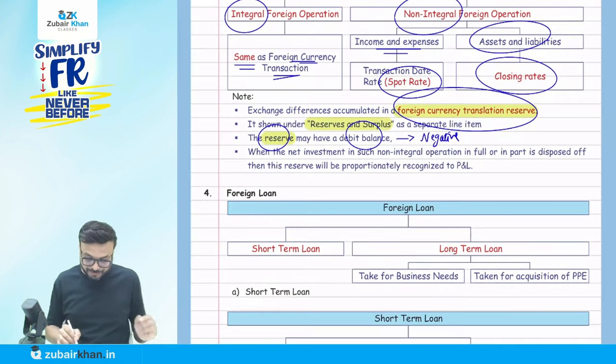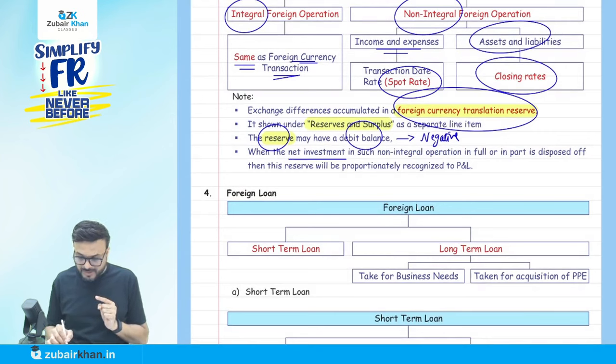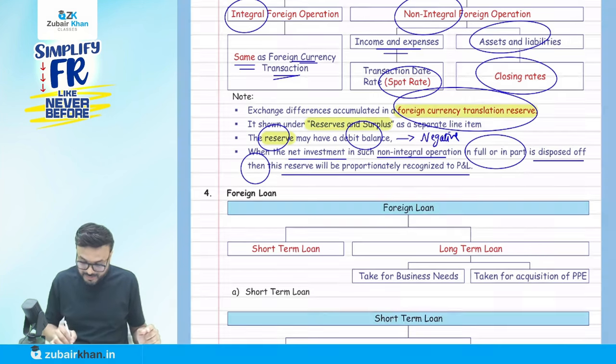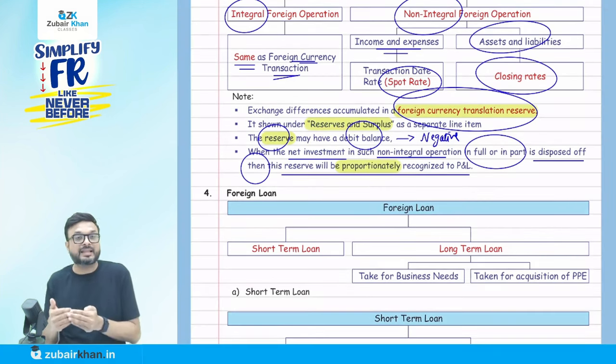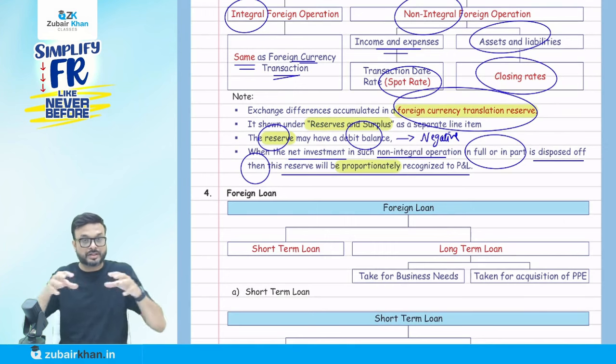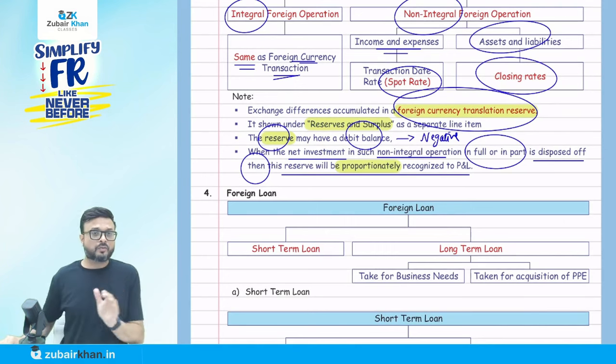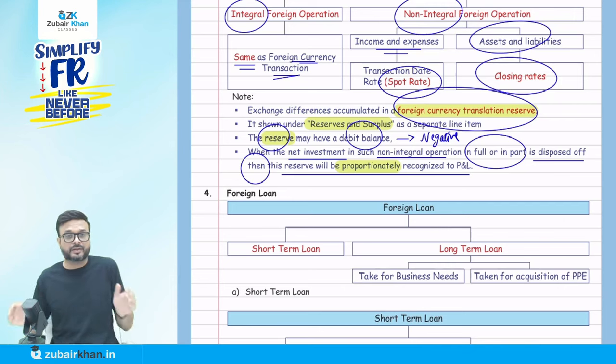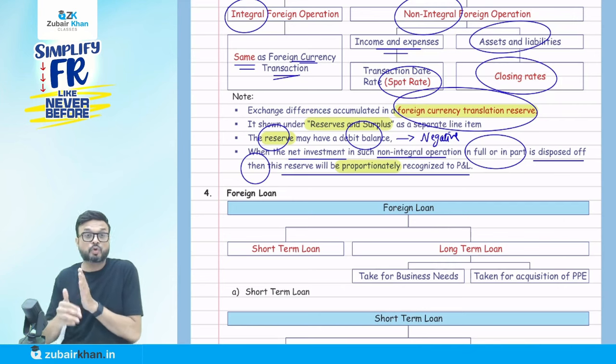But remember that when the net investment in such a non-integral operation, in full or in part, is disposed of, then this reserve will be proportionately recognized in the P&L account. What they are saying is that it is going to appear in the foreign currency translation reserve account only. Can I transfer this reserve to my P&L account?